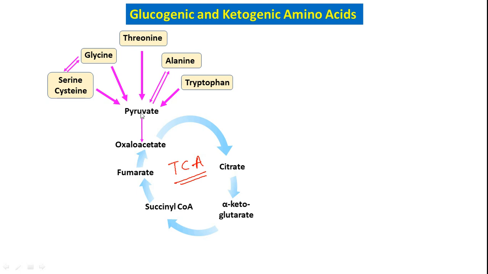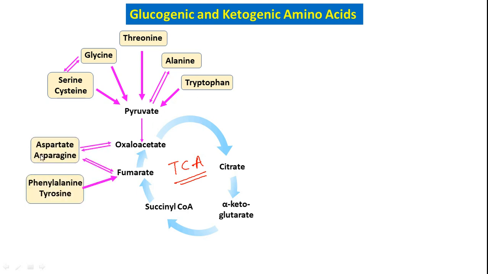Alanine can be biosynthesized from pyruvate, and pyruvate can be synthesized from alanine. So you will see in the next slide the alanine pyruvate cycle, or otherwise the glucose alanine cycle. Okay, and here glycine is obtained from serine or cysteine, or serine and cysteine can be biosynthesized from glycine. So in this way, these amino acids upon metabolism will provide us pyruvate.